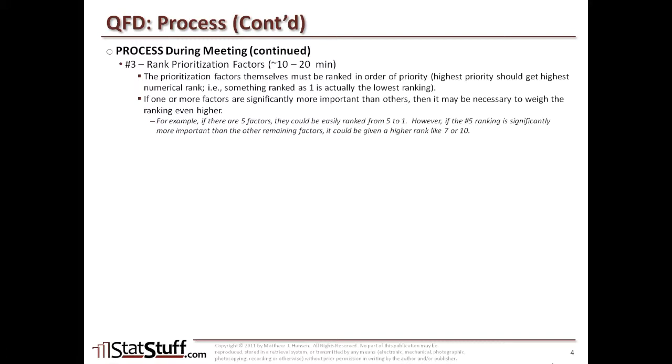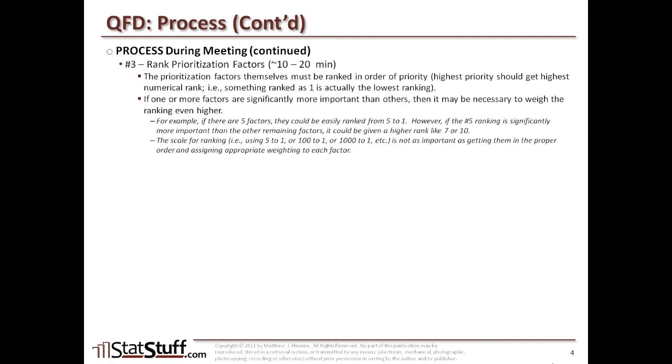However, if the top priority is much more important than the remaining prioritization factors, then it's perfectly okay to give that top priority not just a 5, as if it's only 1 more than the number 4 beneath it. You might give it a much higher value, like a 7 or 10 or whatever you think is representative of the additional weight you want to give that top priority.